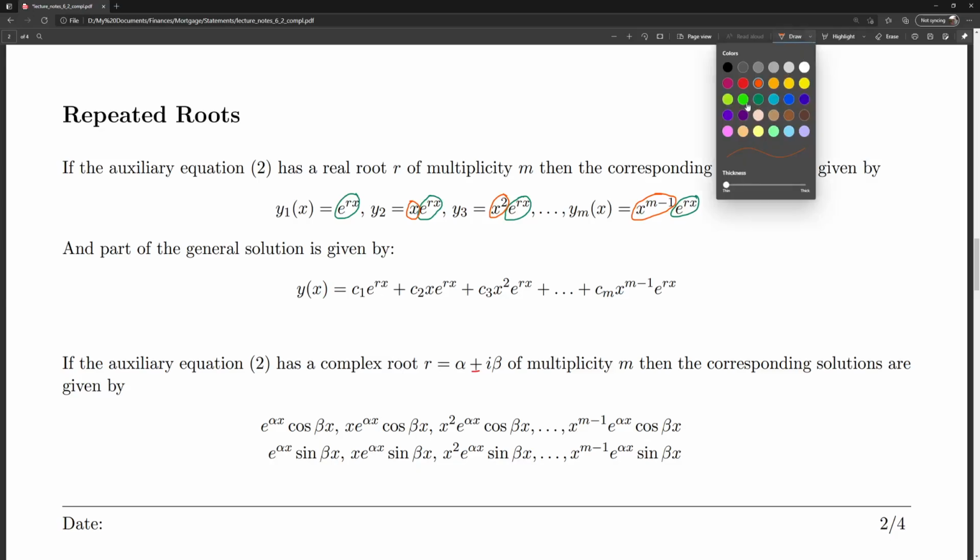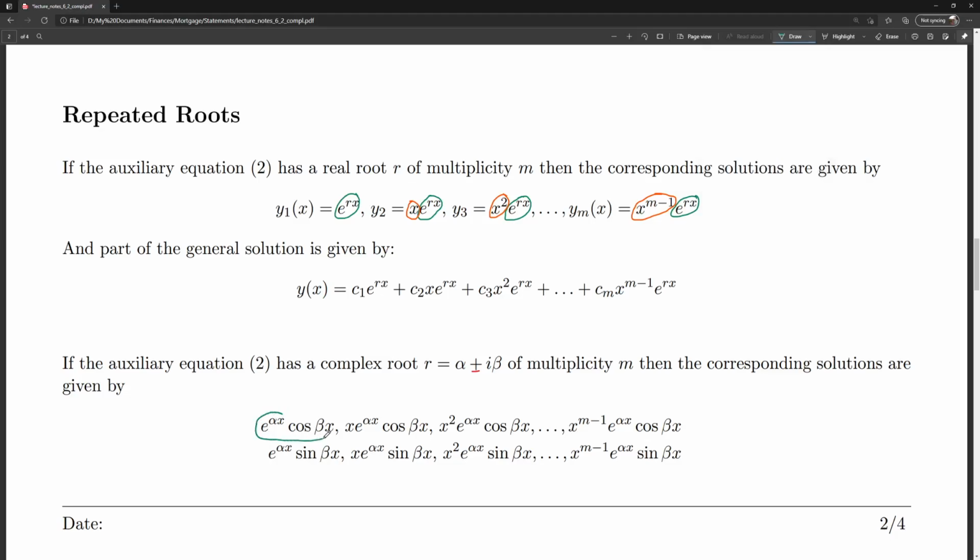So our basic two solutions when we have a complex root alpha plus or minus beta i, the two basic solutions are e to the power alpha x and then cosine beta x or sine beta x. And you see that is repeated over and over until we've reached the multiplicity of the root.